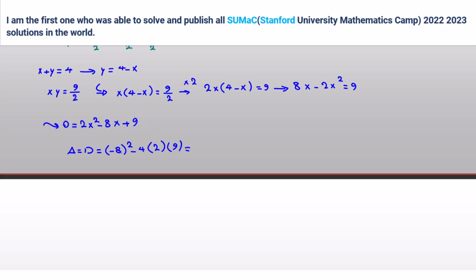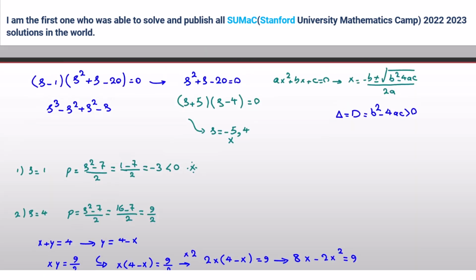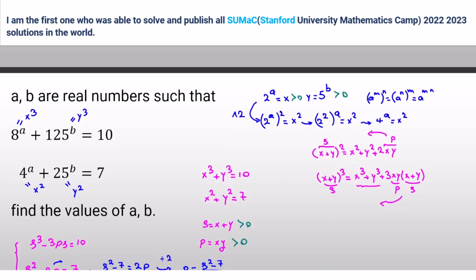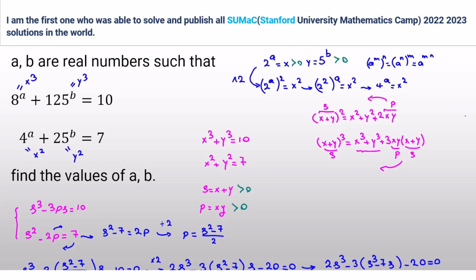Negative 8 squared is 64. Minus 4 times 2, 8 times 9, 72. It's what? It's negative 8, less than 0. So here we don't have any real answer for x. So here we couldn't find any answer for x and y, so we can't find any answer for a and b. So in real numbers, there is no answer for a and b.